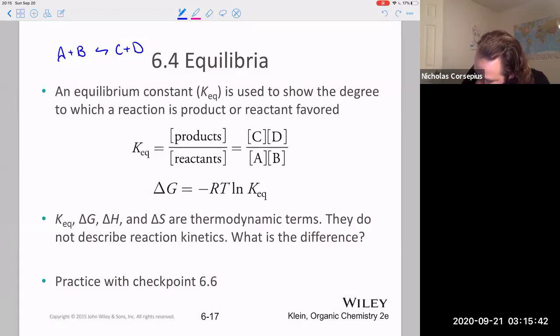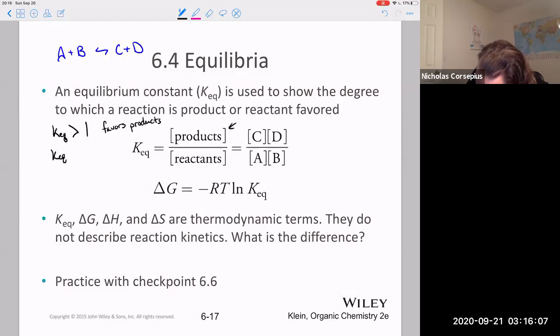So when KEQ is greater than 1, looking at this equation, is that going to favor products or reactants? KEQ greater than 1 means that the numerator has to be larger, so this favors products.